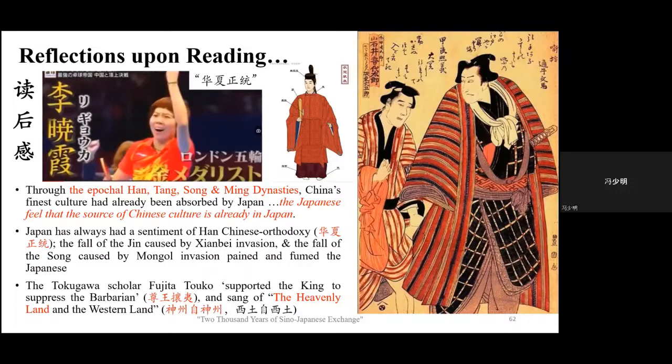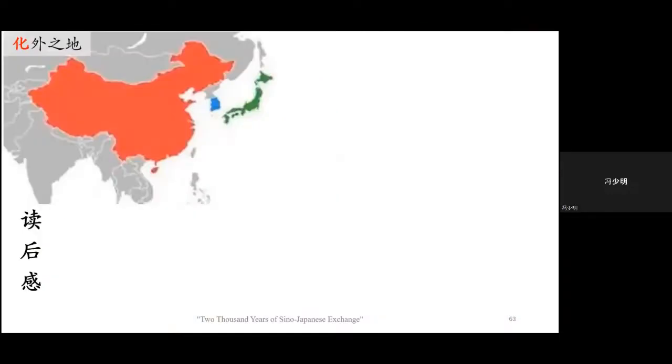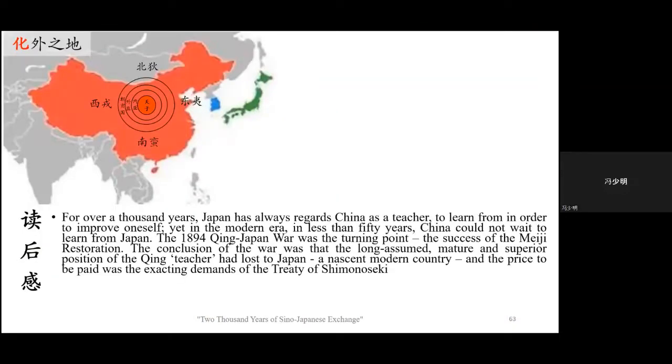The Japanese themselves, actually the barbarian, right? But now, when he sang of the heavenly land and the western land, this heavenly land is not China. It has become Japan. And the western land has now become China. So the orthodoxy has now been transplanted from China to Japan.